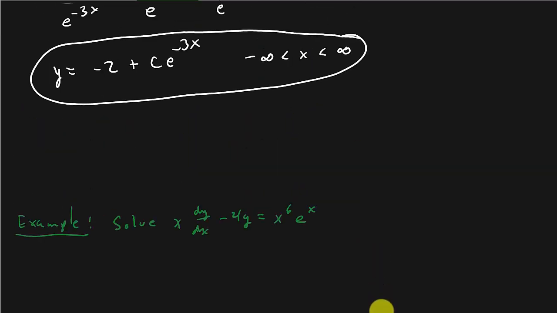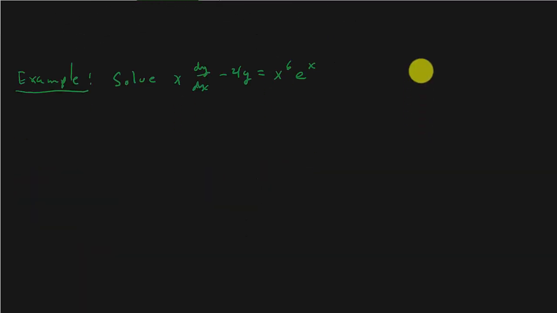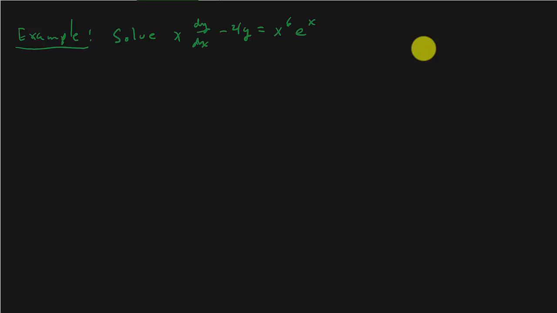Notice how I put the x's from negative infinity to positive infinity. Let's talk about that a little more after we work these two problems here. All right, so we've got to get this in standard form.